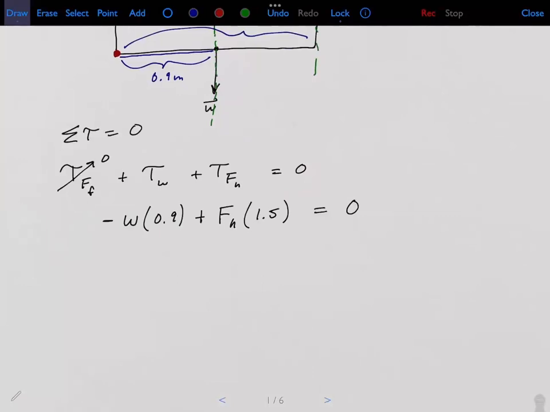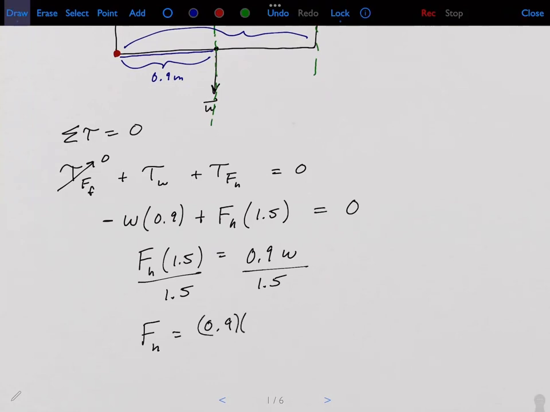If I bring the other term to the other side, I'm going to get 0.9 times W. And if I divide by 1.5, I have FH, the force on the hands, is 0.9 times W, which we know, right?